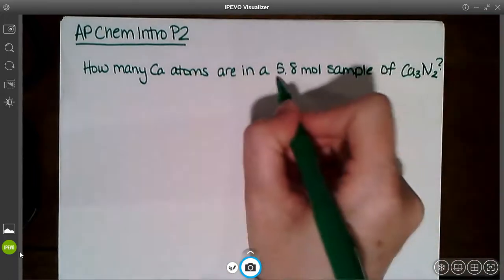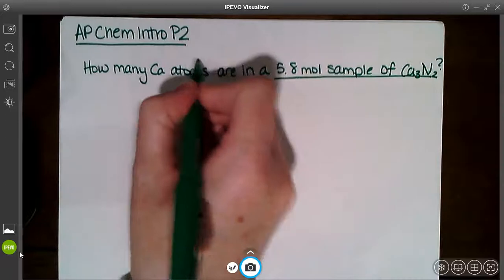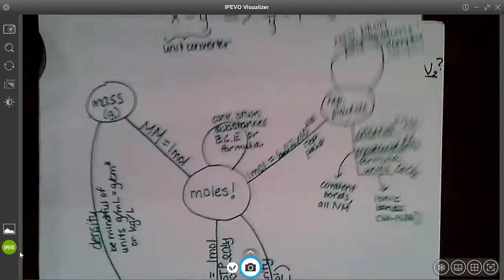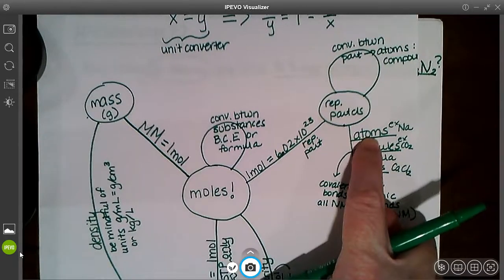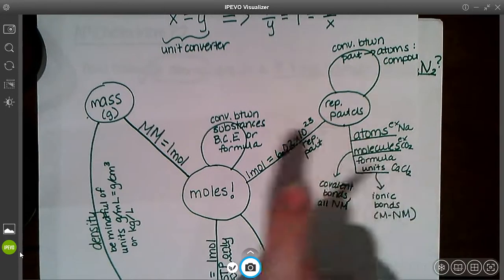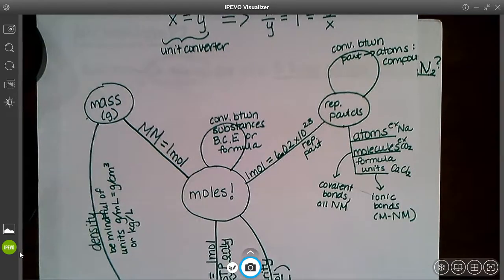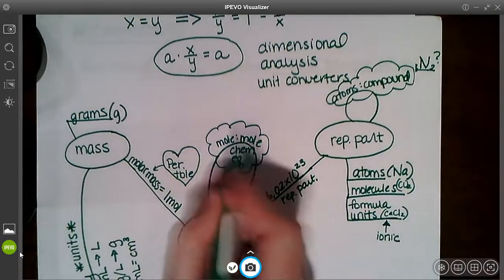So we know that we have 5.8 moles of calcium nitride. What we want is atoms of calcium. So we have moles of something, and we want atoms of something else. So we need to do a conversion of the substance. Remember I clouded it out right here.